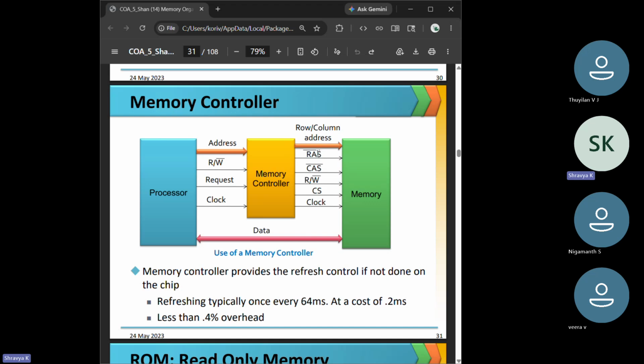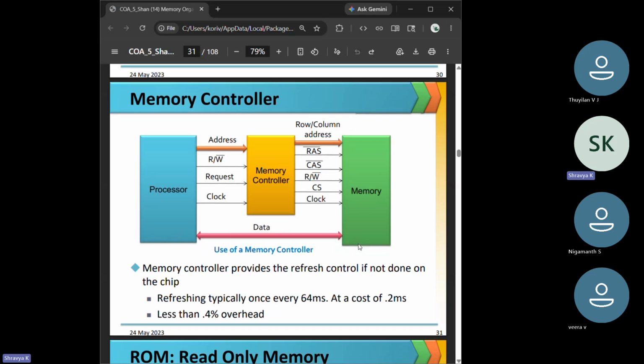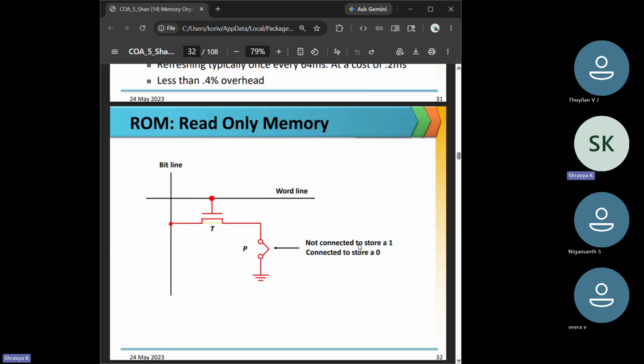If this is 1, that means the address being passed over here is a row address, whereas if this is 1, that means the address being passed is a column address. So that's how this works. And then you get the read/write request that's passed on, and the chip select and the clock as well. And the data goes directly from the processor to the memory to avoid latency. So that is about the memory controller.